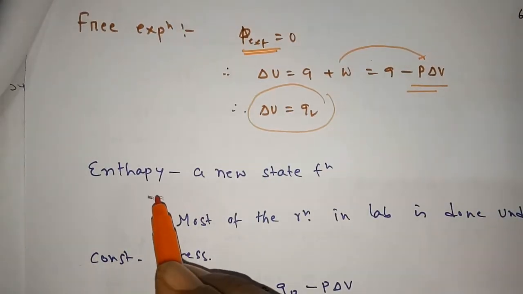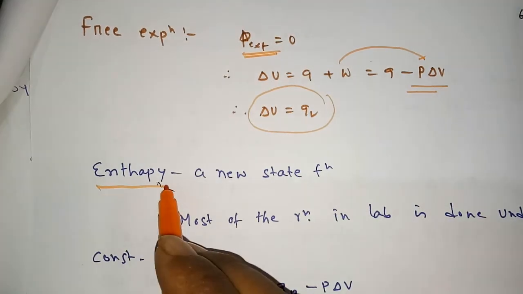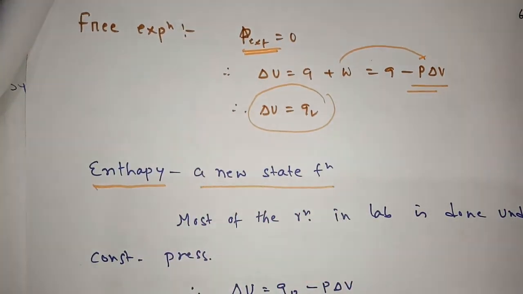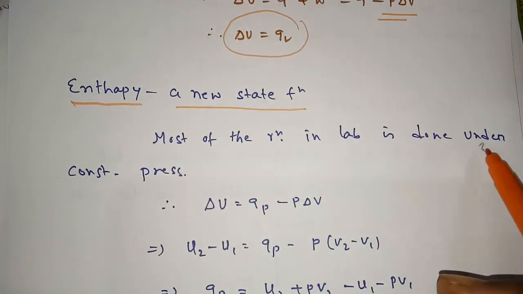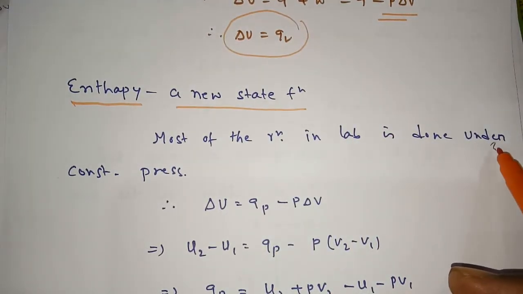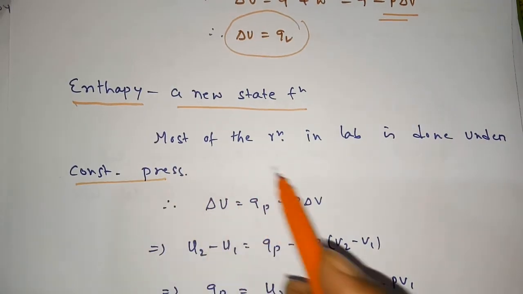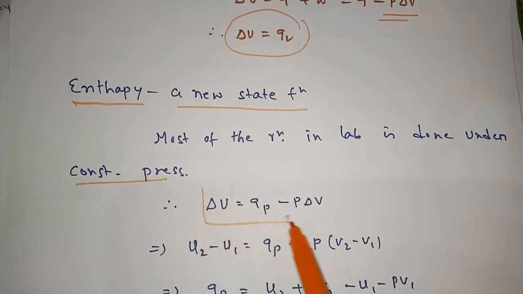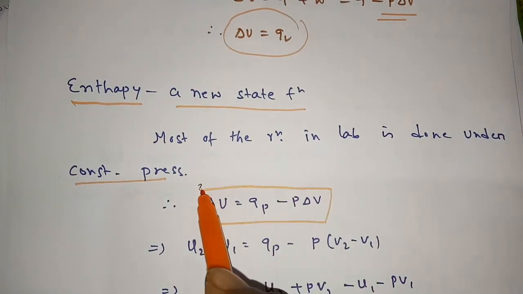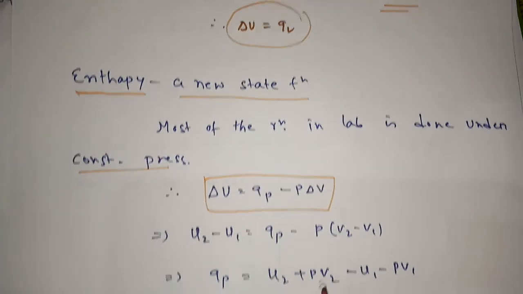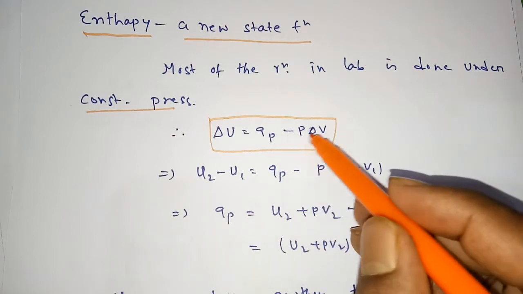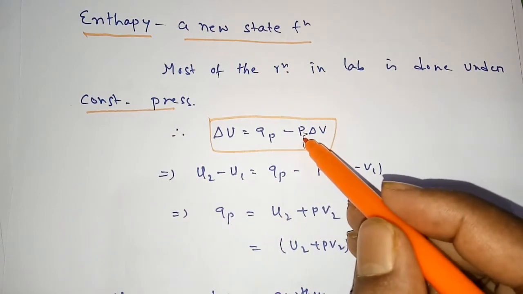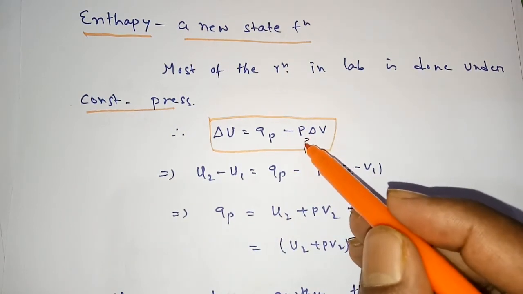After that we'll start another thing, that is enthalpy, a new state function. Now most reactions in the lab are done under constant pressure. For that we write del U equals QP minus P del V. Del U means first law of thermodynamics: del U equals QP minus P del V. Now P cannot be 0 here, so that part remains.